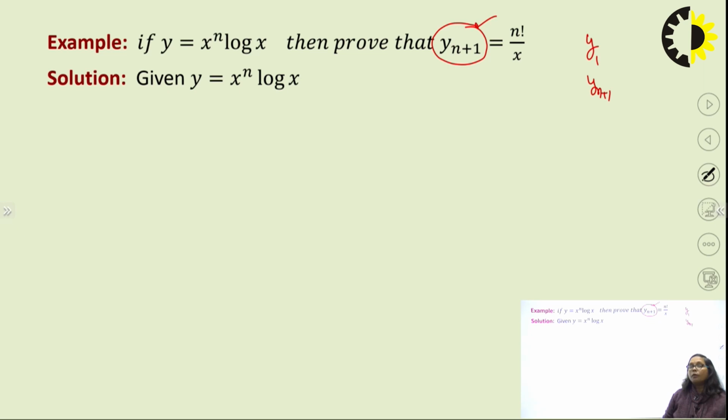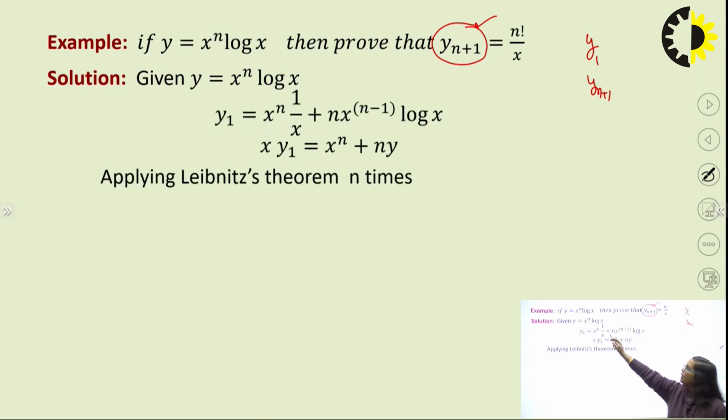Clear? So we start with the question, y given here is x to the power n log x. Starting with y1, apply the product rule here. First function x to the power n as it is into the derivative of log x, which is 1 by x, plus the derivative of x to the power n, which is n x to the power n minus 1, into the second function log x as it is. So what do we do next?